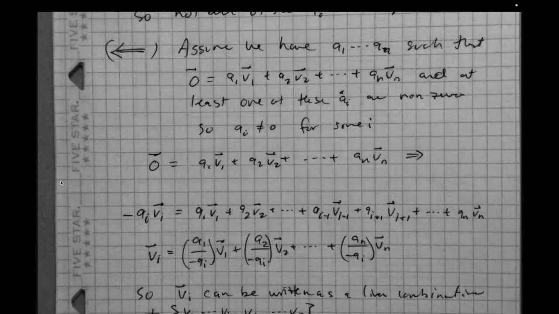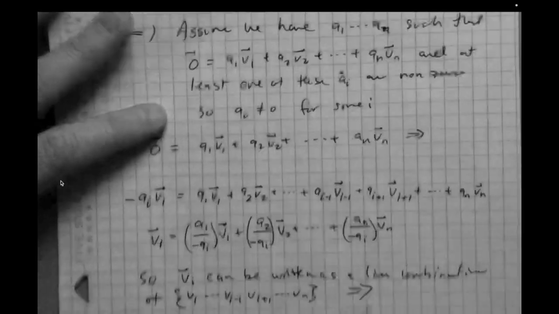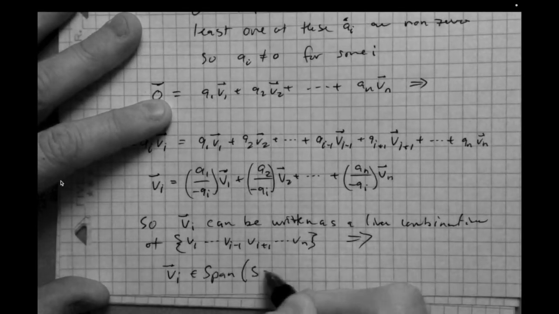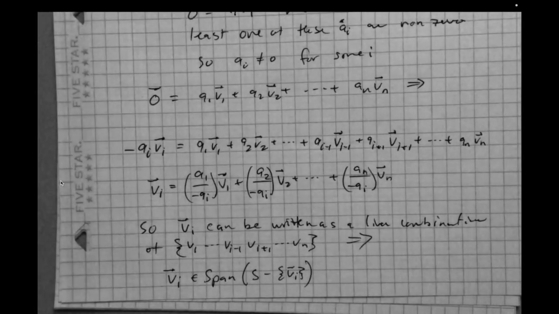If that's true, then it's in the span. vi must be in the span of whatever S is minus vi. Does that make sense? So vi is in the span of S minus vi, and S is linearly dependent.